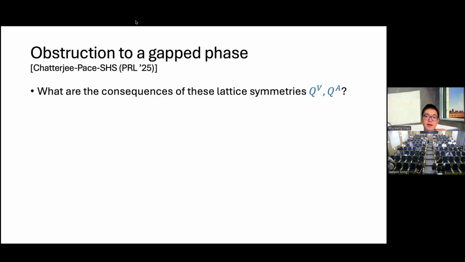Well, anomaly is kind of a touchy word in our community. I think if you grab two different people on the street, they will give you two completely different interpretations or uses of the word anomaly. So let's ask a more pragmatic question. What are the consequences of these lattice symmetries we found on the lattice?